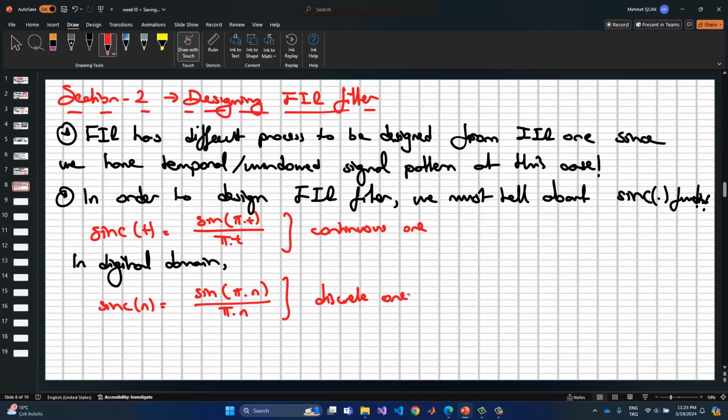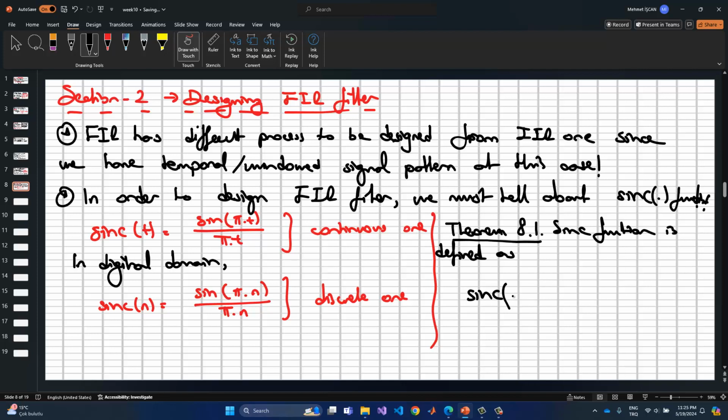This signal is summarized in Theorem 8.1. The sinc function is defined as follows: sinc(t) equals sin(pi t) divided by pi t when t is not equal to 0, but otherwise, when t equals 0, we have 1.